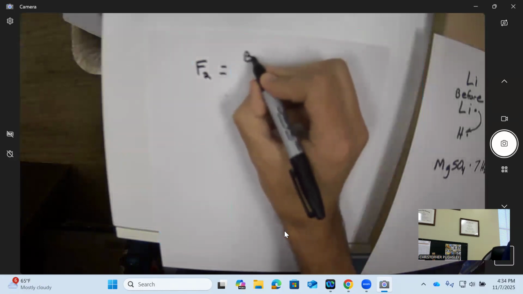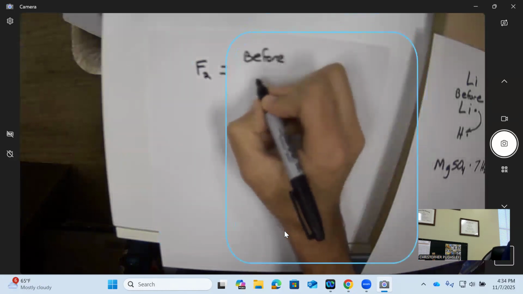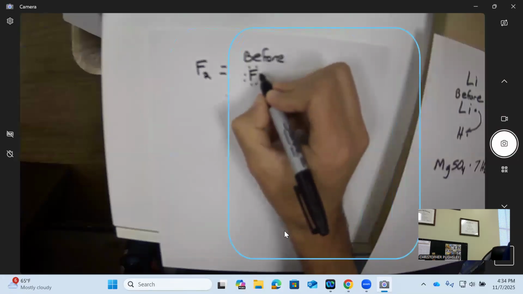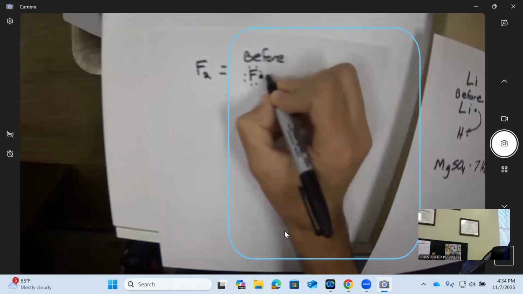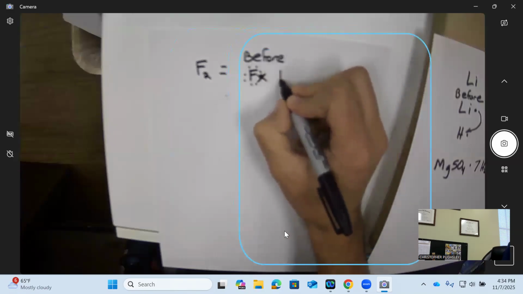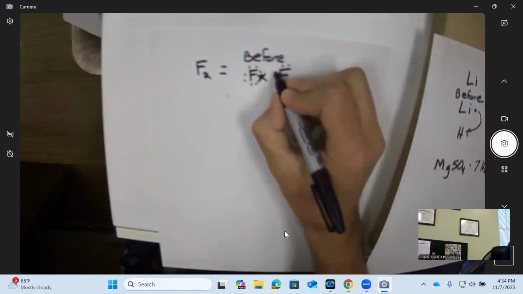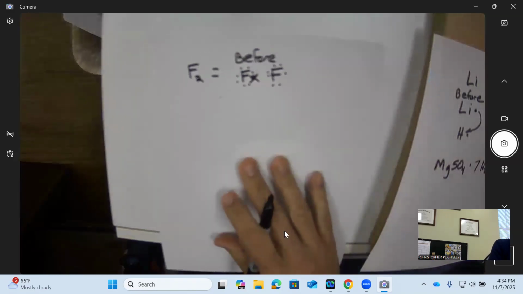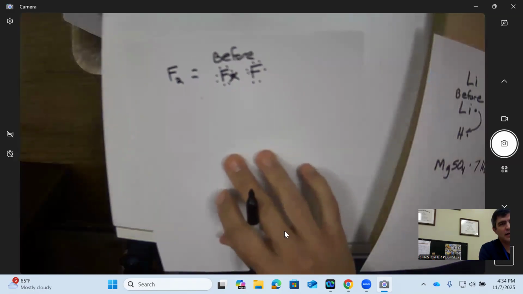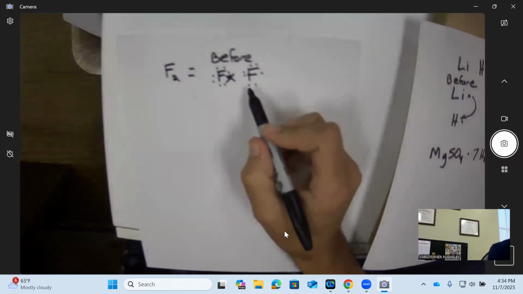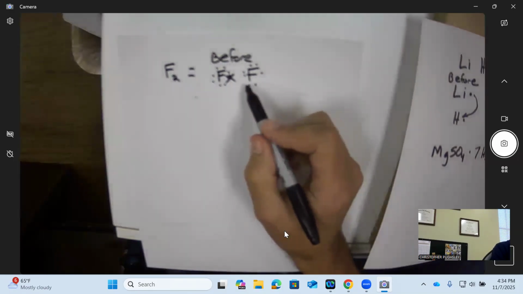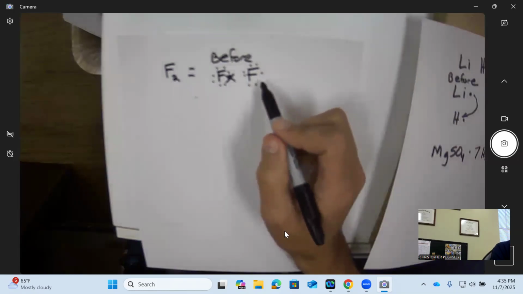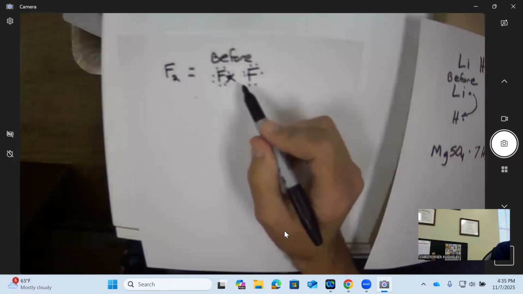Before F2 actually bonds together, each fluorine has 7 valence electrons. This is what we considered high energy. Remember how fluorine has that high electron affinity. They really want to gain one more electron.